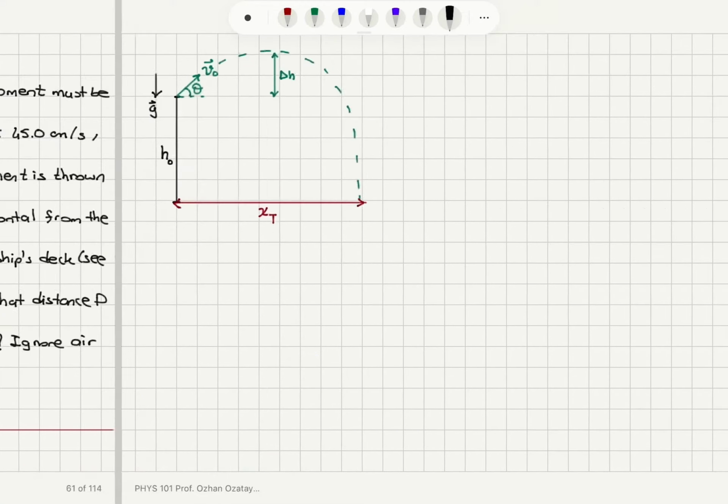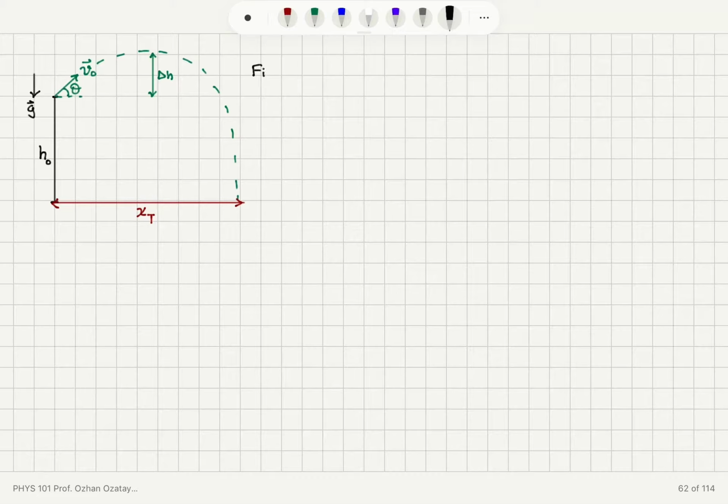So first, what do we need to do? First, we need to calculate the time of flight. How long does it take for this object to reach the end of its motion? Time of flight t sub f.